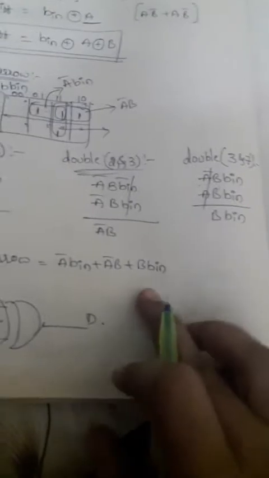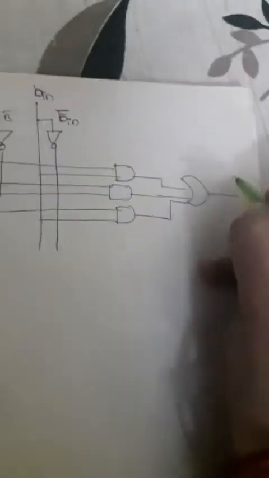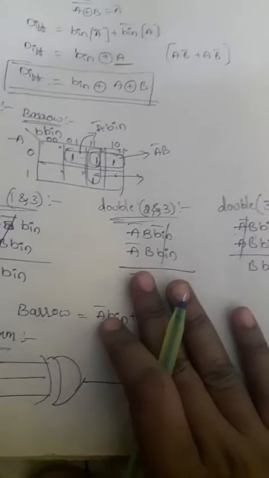And the third one is B and B in, between these two we'll have an AND gate. Between these three AND gates we'll have the OR operator, so we'll get the OR gate. That is nothing but the borrow. So this is the logic diagram for the full subtractor.